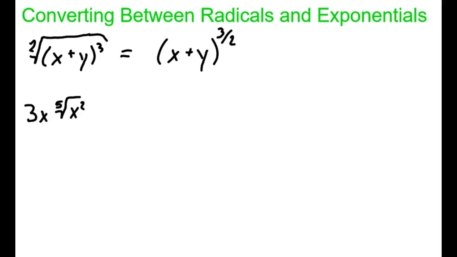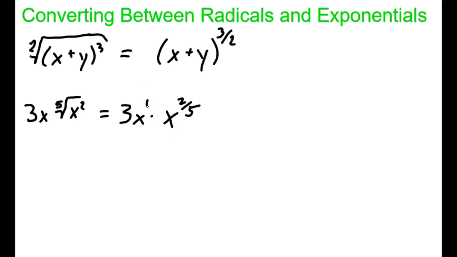This next problem, we have 3x times the 5th root of x squared. First thing we need to do is rewrite the 5th root of x squared. This is equal to 3x times the 5. Our index becomes the denominator of our exponent fraction. So this is the same as x to the 2/5. We're multiplying two of the same bases, which means we add our exponents.